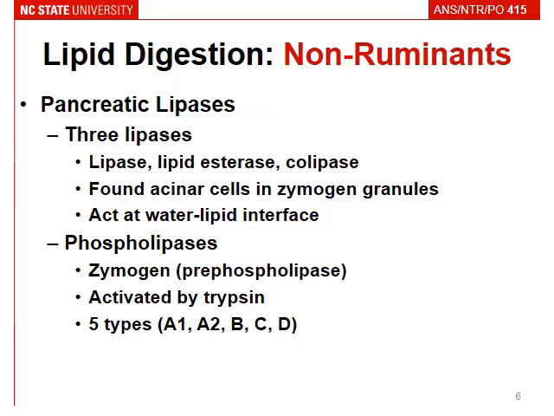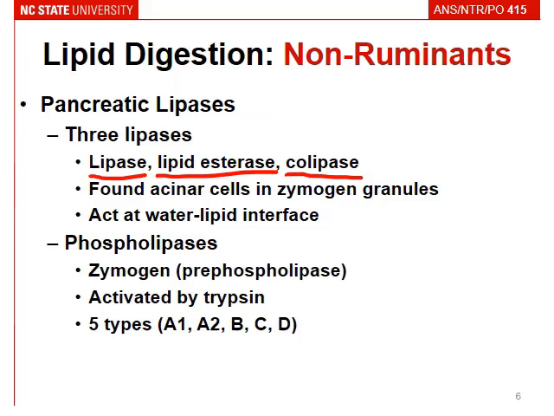There are 3 lipases: lipase, lipid esterase, and colipase. These are found in the acinar cells, in the zymogen granules, and they act at the water lipid interface. We're going to get into the specifics of each of these lipases in a few minutes.